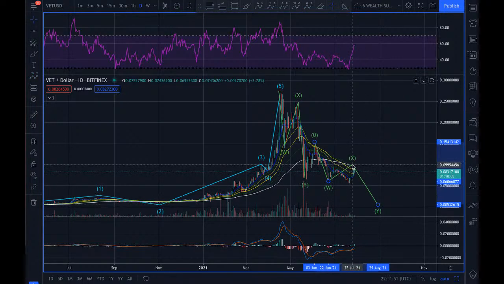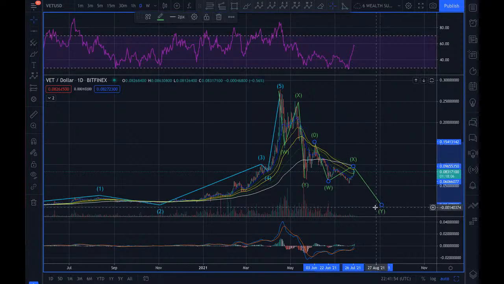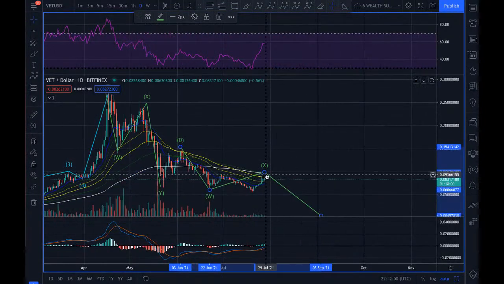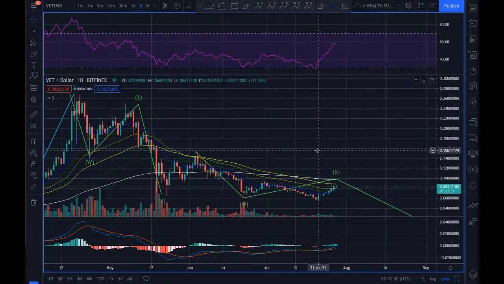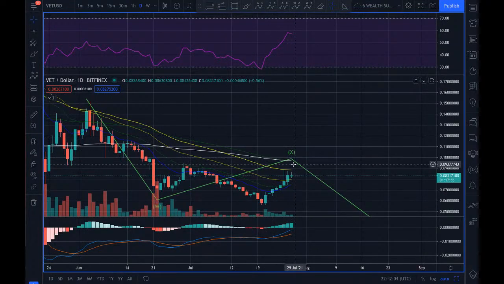So this might be the middle wave. Is this what's happening? It's trying to get up to touch that 200 moving average, isn't it? Might get there, might not. That would be about 10 cents, not quite 9.5 cents.